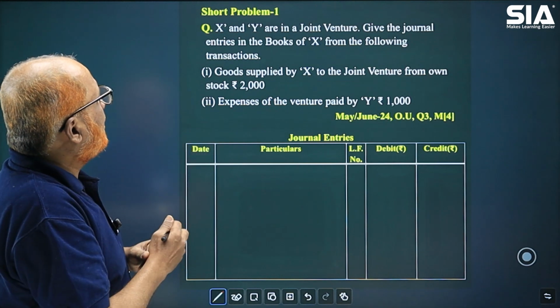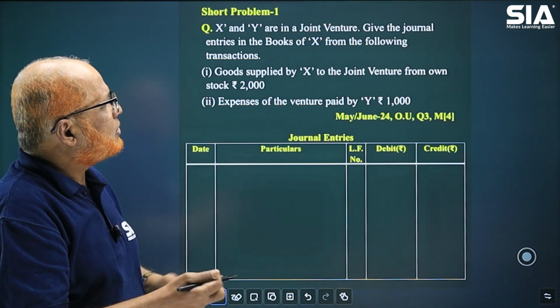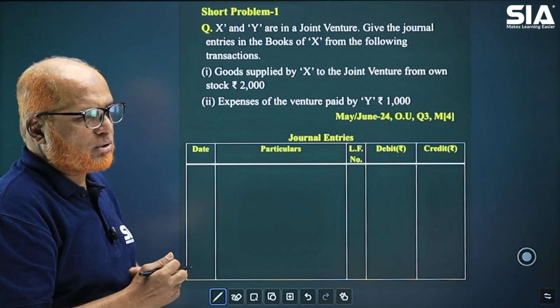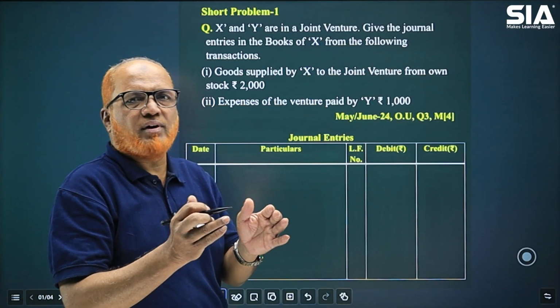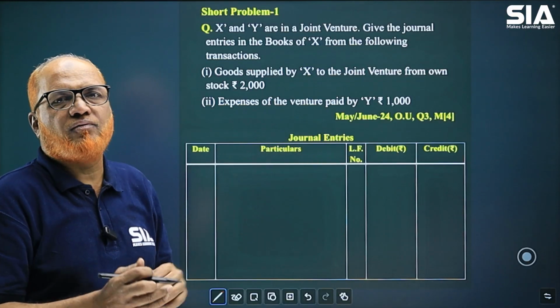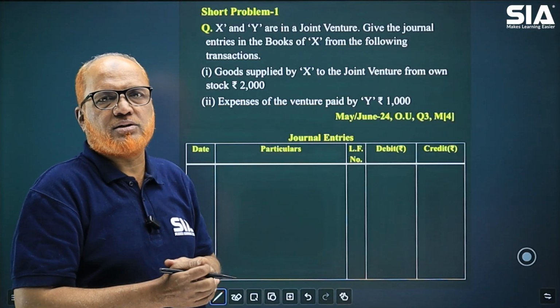Now, the transactions are: goods supplied by X to the joint venture from own stock, 2000. That means X is one of the co-venturers. He is putting goods from his own stock into the joint venture.